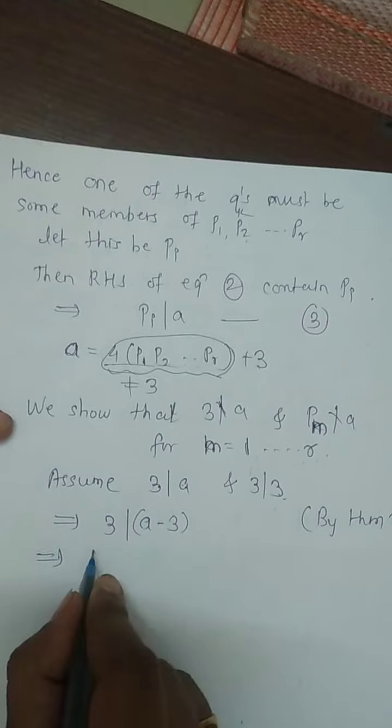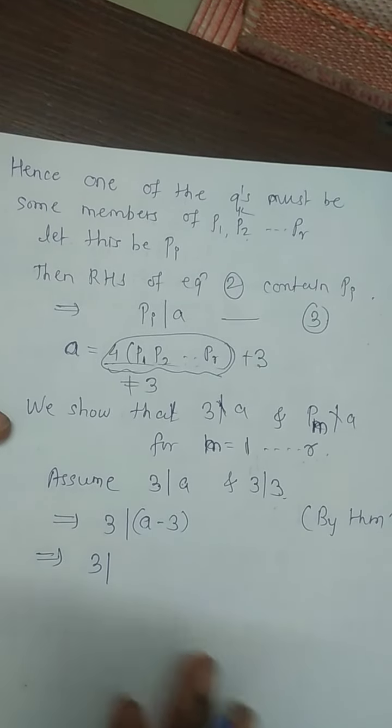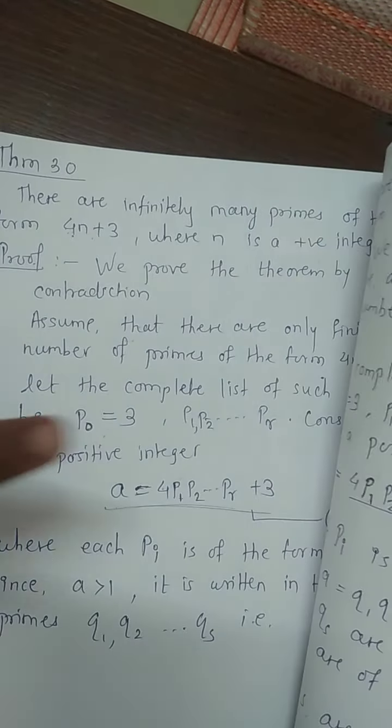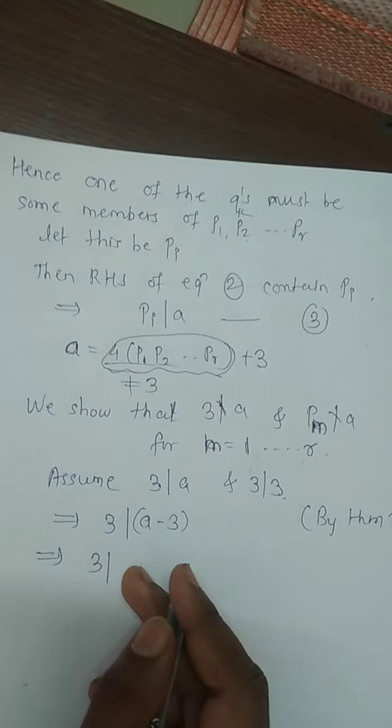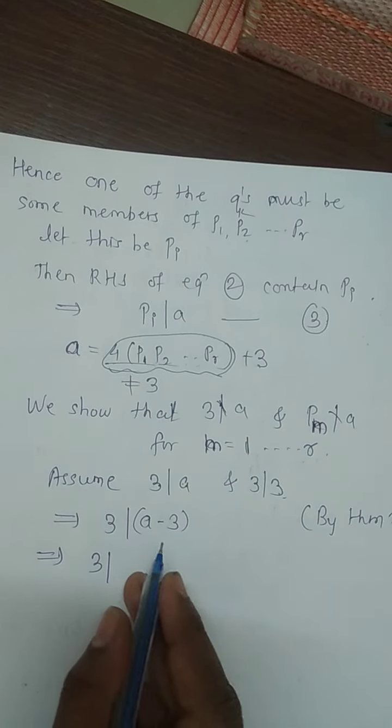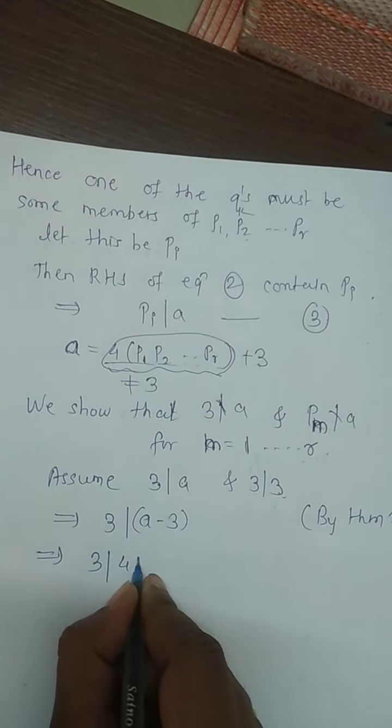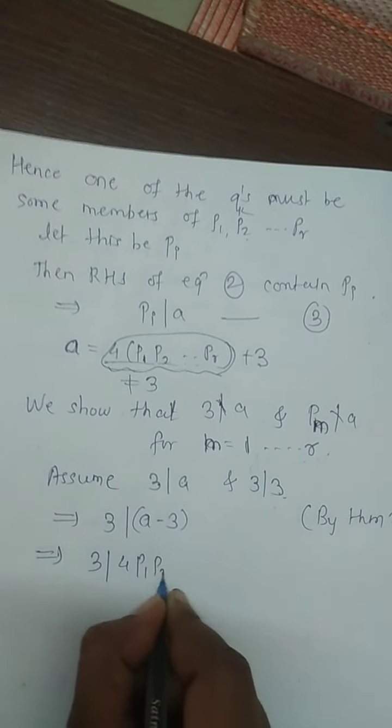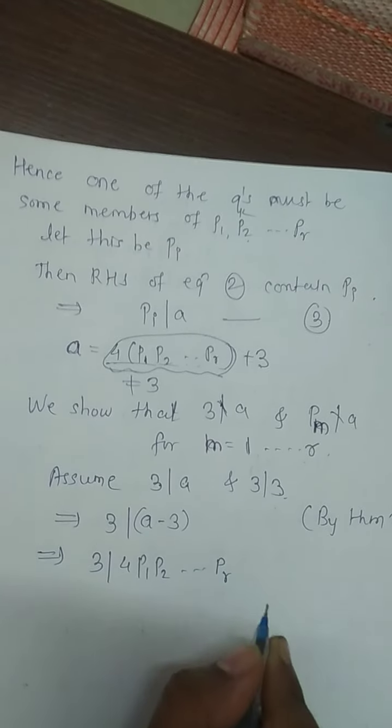So what is A minus 3 from equation 1? From equation 1, the value of A minus 3 is 4 p1 p2 up to pr.